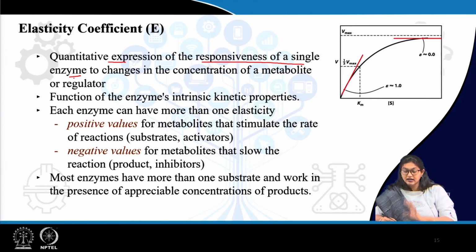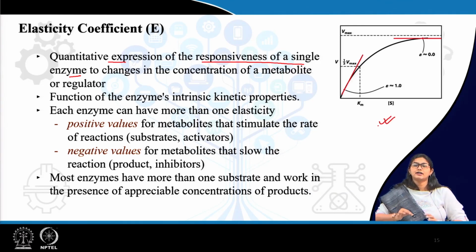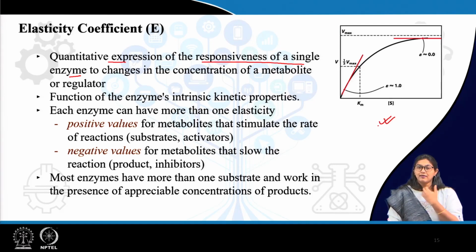Now, just concentrate on this, the very classical pattern of all the enzymes which follow the Michaelis-Menten hypothesis. This is not an enzymes class, so I am not discussing the Michaelis-Menten hypothesis, you need to go back to the enzymology part for that.